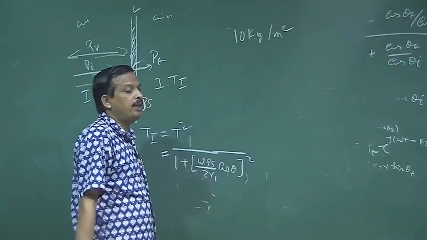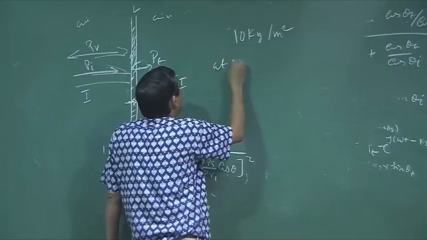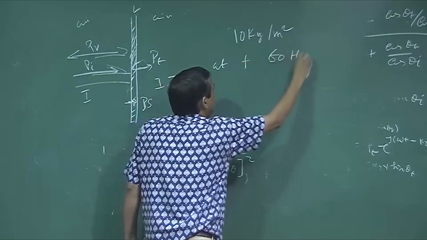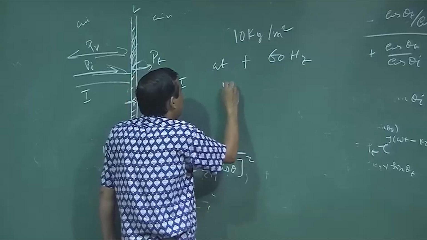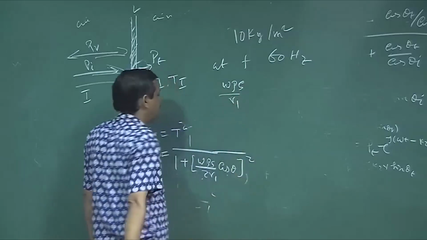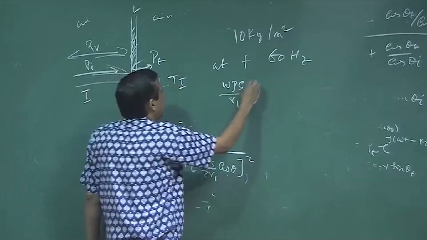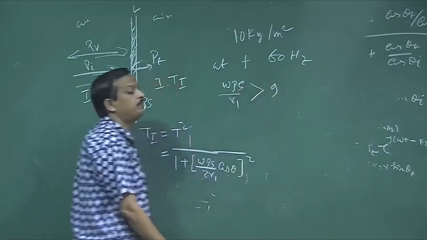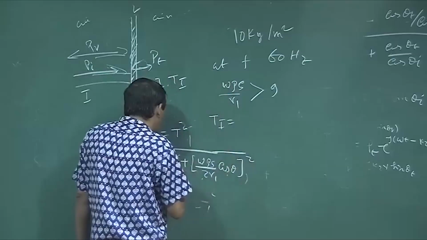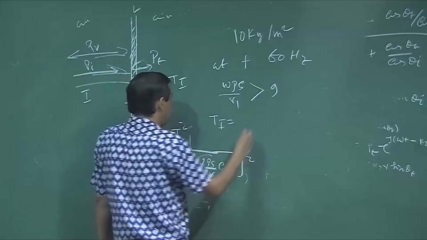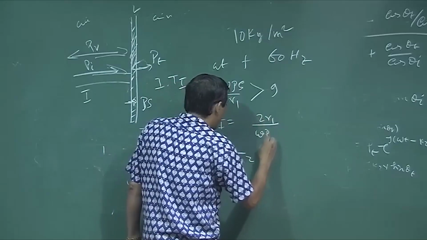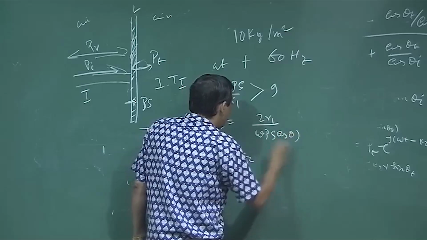At frequency f above 60 hertz, if I calculate omega rho S divided by R1, which will be greater than 9, and this term is very large so I can ignore the other, then Ti is nothing but 2 R1 by omega rho S cos theta whole square.